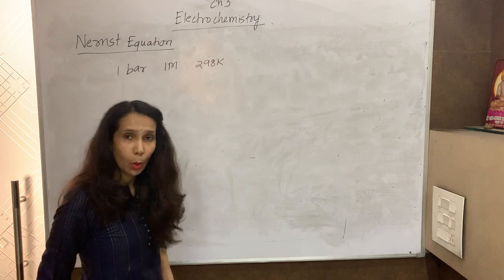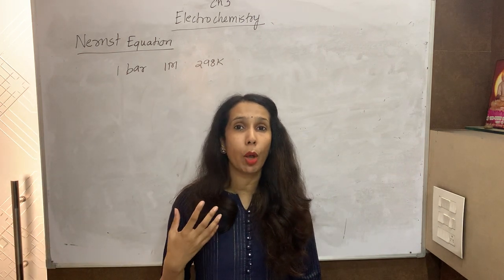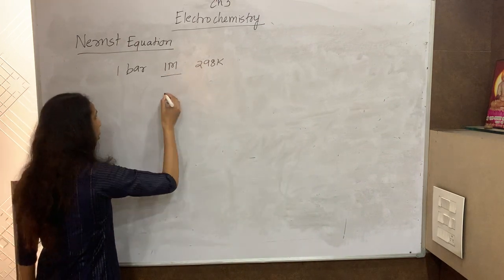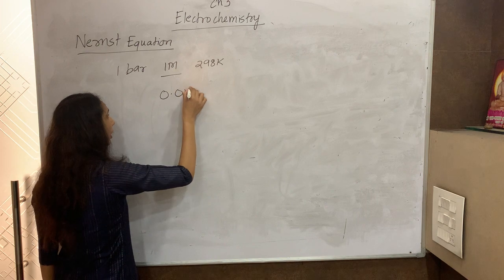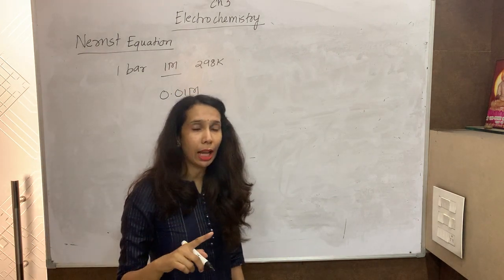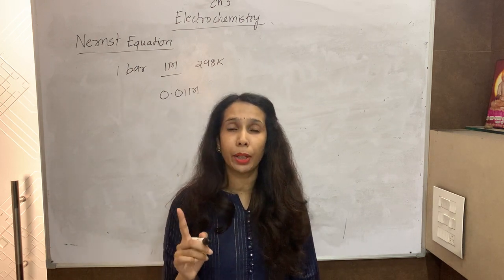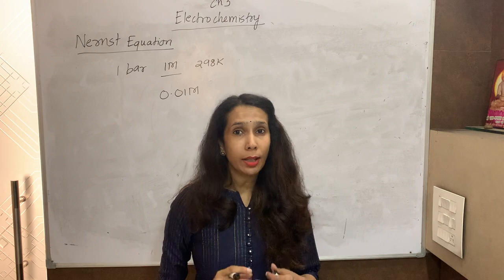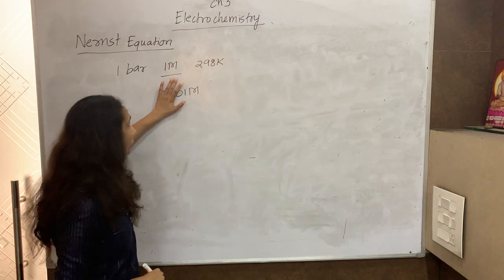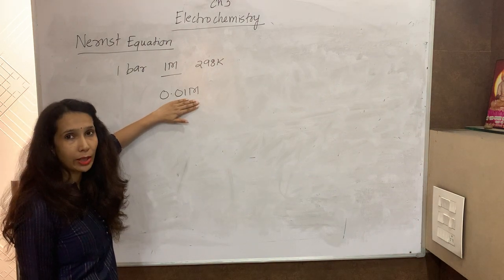But suppose when we are doing an experiment in a lab and the concentration is not taken to be 1 M. Suppose I take the concentration 0.01 M. Then I have to calculate the electrode potential of that particular electrode, because standard electrode potentials are the values which are only at 1 M. So if I change the concentration, my electrode potential values will change.